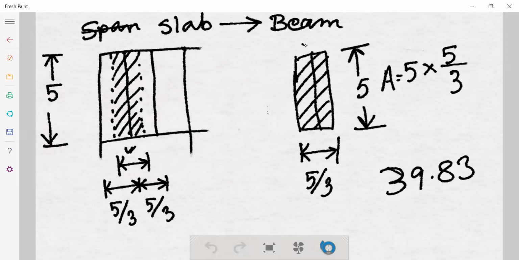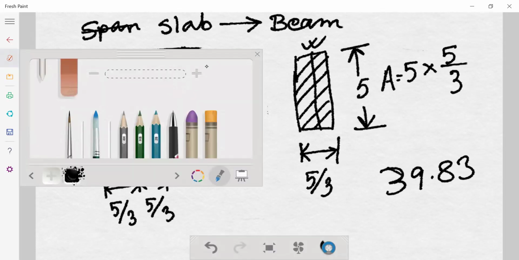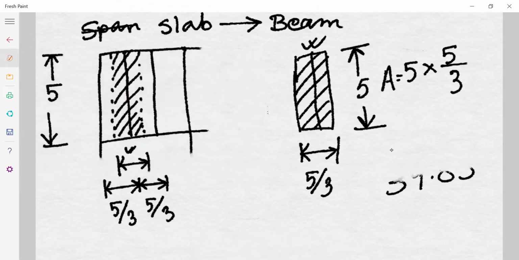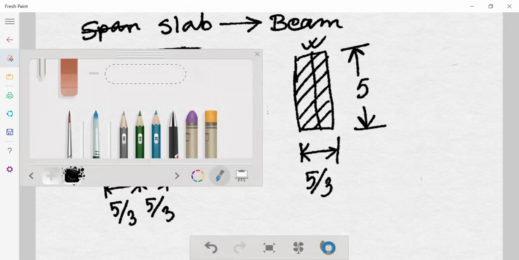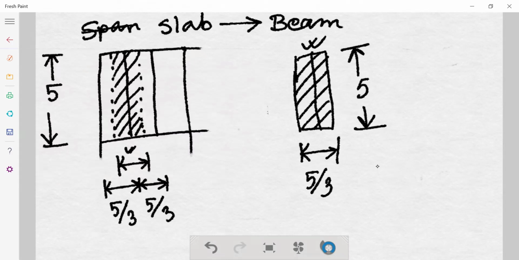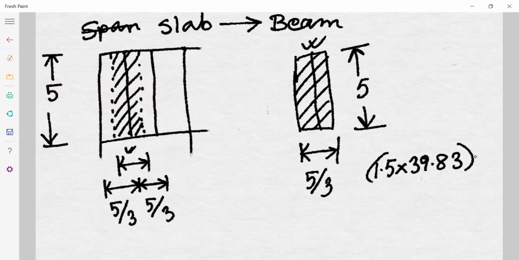Now, going back to this beam. In this beam, the total load that is falling on the beam will be how much? I'll draw it here itself so that you can understand it in a much better way. The total load on this beam will be from the slab, so it will be the pressure into the area. So it will be 1.5 into 39.83, which is the pressure, into area.